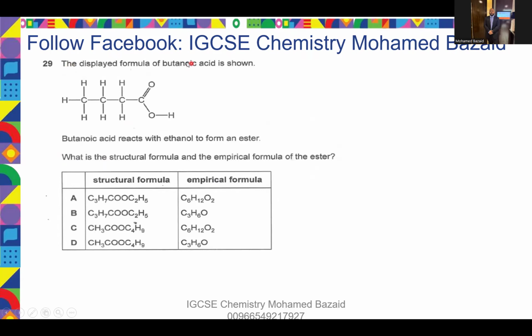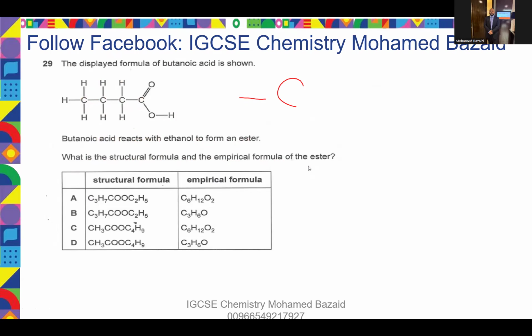The structural formula of butanoic acid is shown. This is butanoic acid. Butanoic acid reacts with ethanol to form an ester. What is the structural formula and the empirical formula of the ester? First of all, we need to know what the ester is. As you see, this is the structure of butanoic acid reacting with ethanol.